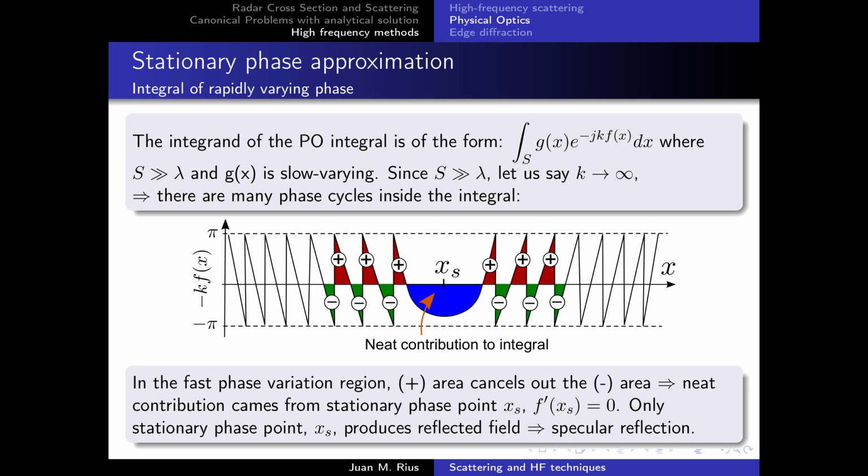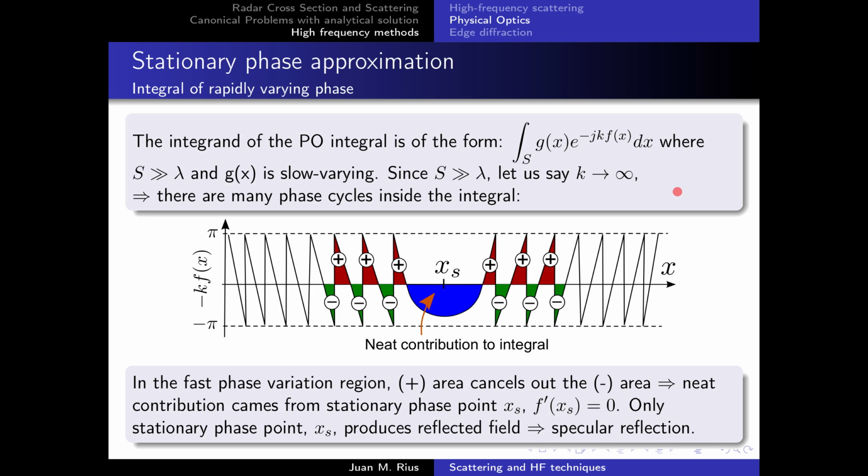In the following, we will say that k goes to infinity, meaning that we are in the very high frequency region, and then the size of the object is large compared with lambda, just because lambda is very small. So the frequency is large enough to have a wavelength much smaller than the size of the object.